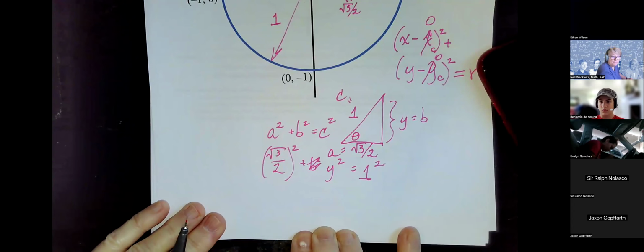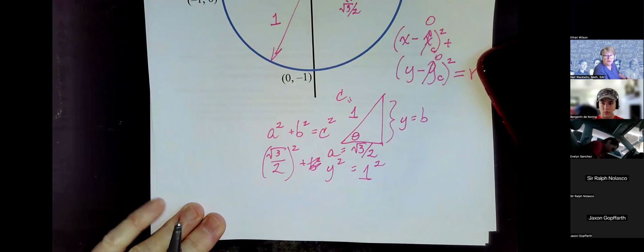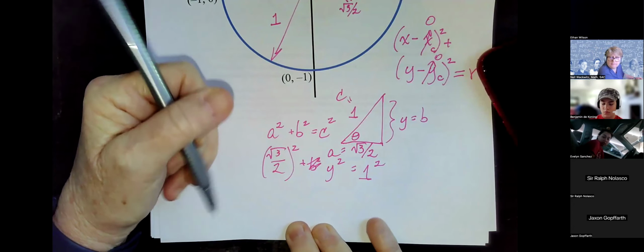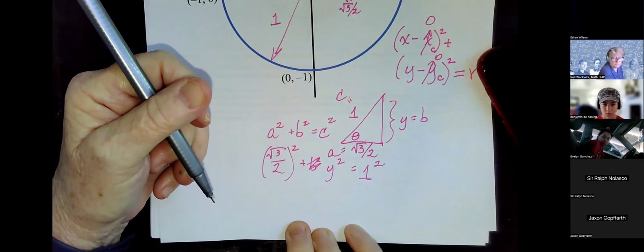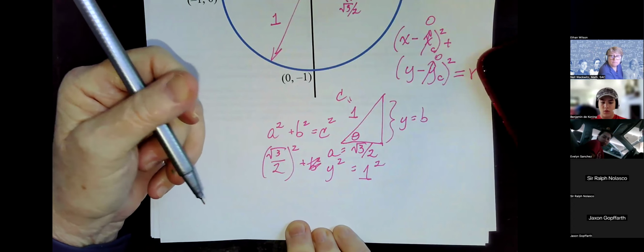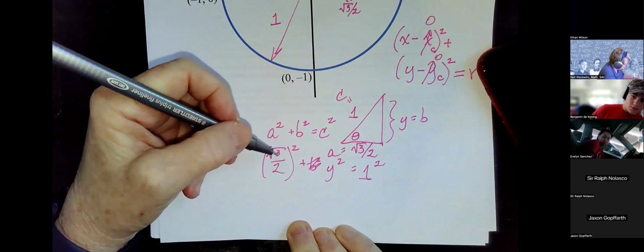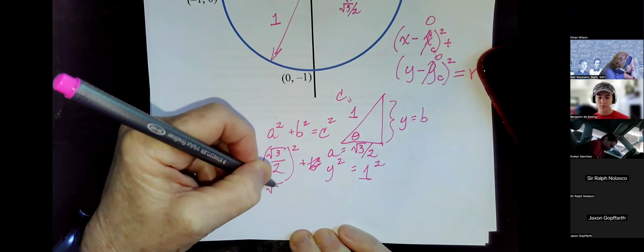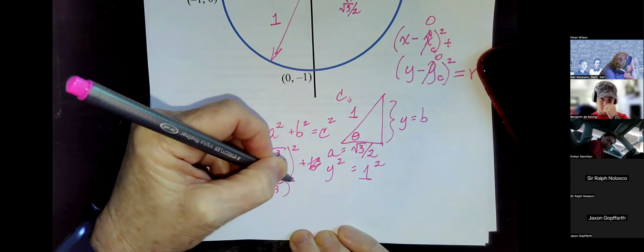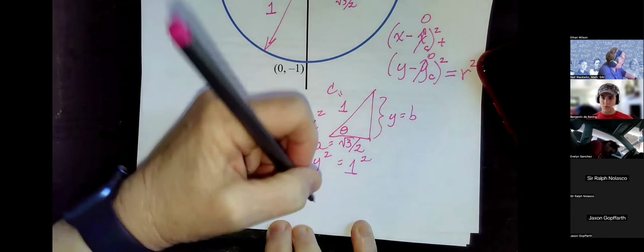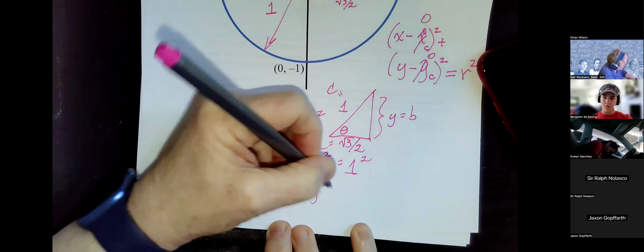That's kind of nice. Let's square square root of 3 over 2 before we move it. How do you square a fraction again? You square the numerator and denominator. Good. So we've got square root of 3 squared over 2 squared. What is square root of 3 squared? 3.